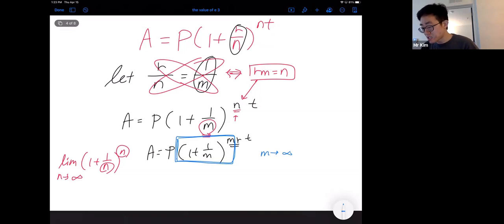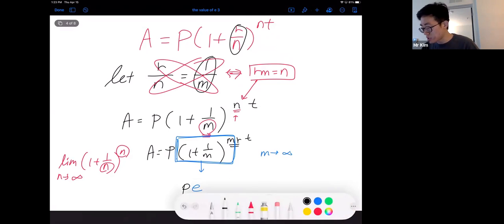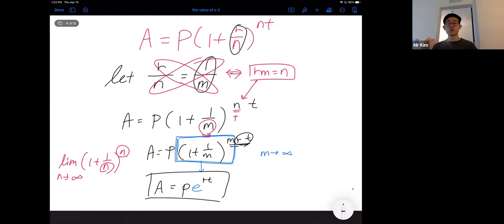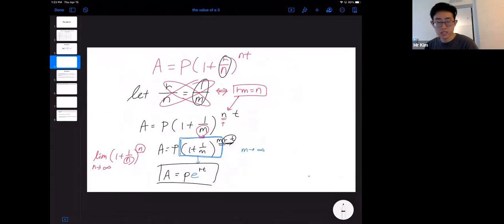So that means this entire thing is going to turn out to be e, whereas everything else just stays the same. So P comes down here, and the only thing that's left over as the exponent is rt. And so that is where the continuous growth equation came from. Okay, so A is equal to Pe to the rt, I would say.